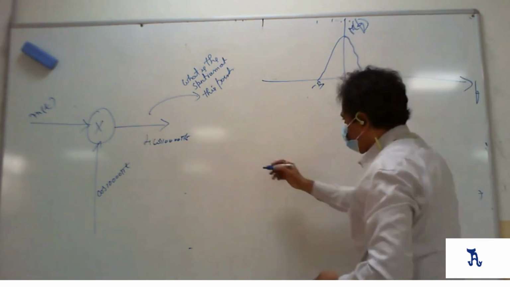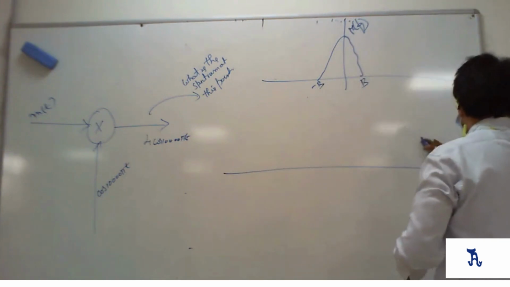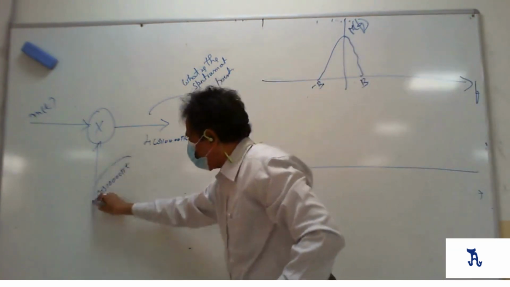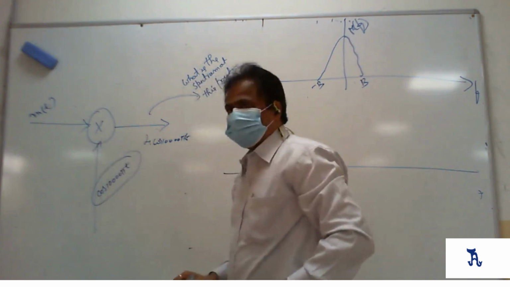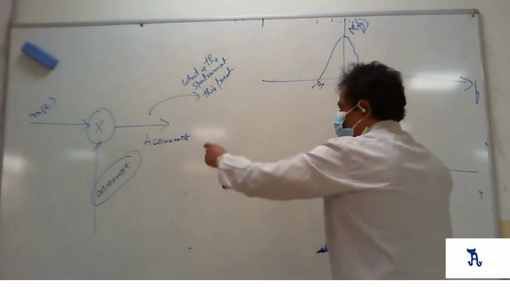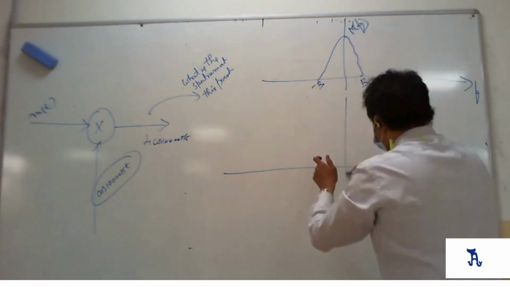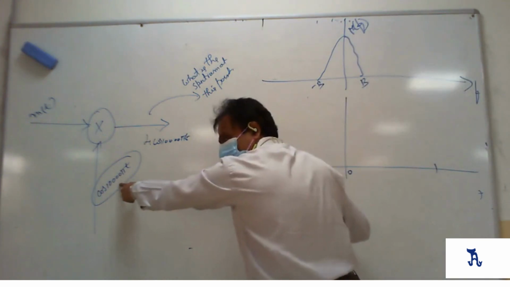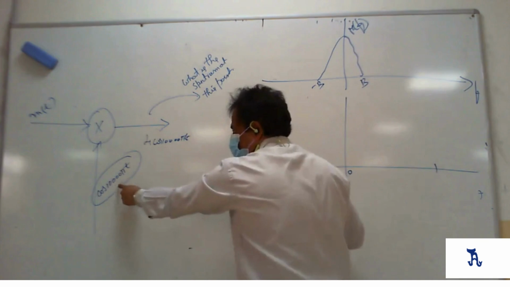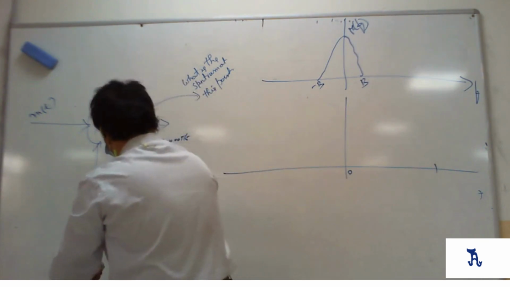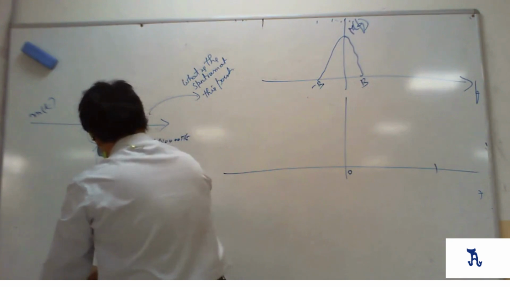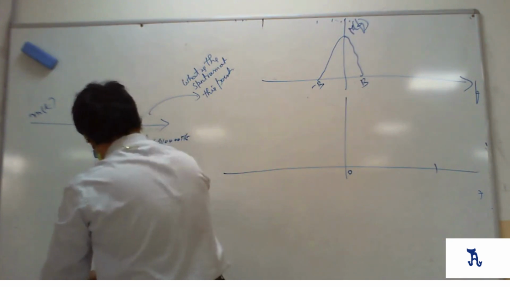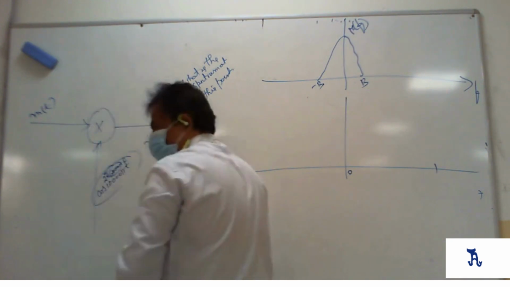Now once you multiply this signal with the carrier signal, the same spectrum will be shifted to whatever carrier frequency you have here. Here the carrier is 2 pi into 5000 t, 5 kilohertz.